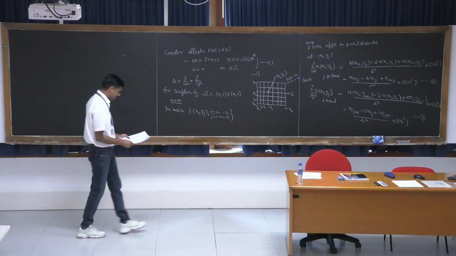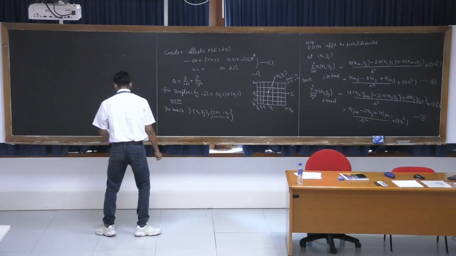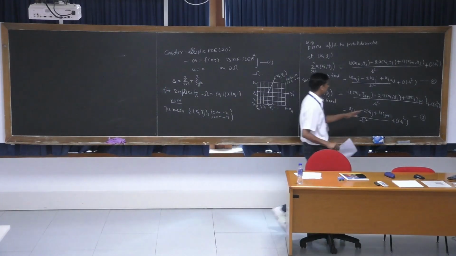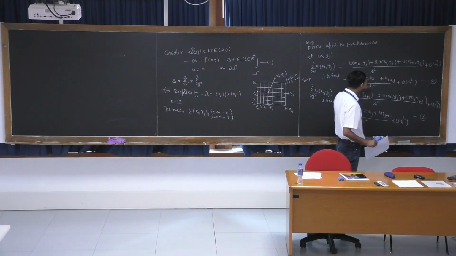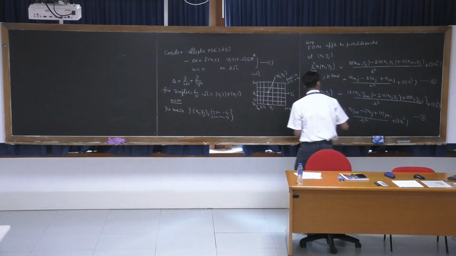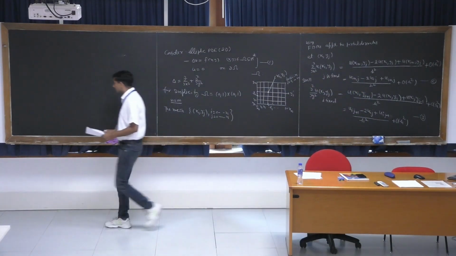So finally what you get: because h square is common, take it common. This is minus 2 uij, this is also minus 2 uij, so they add and become minus 4 uij.